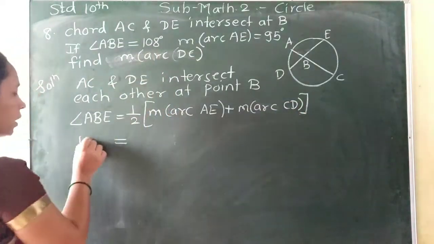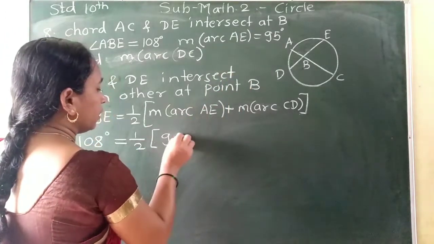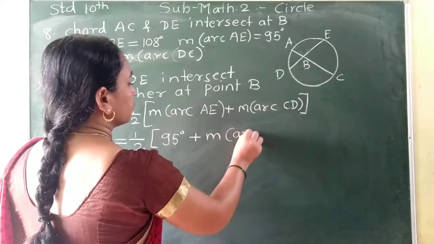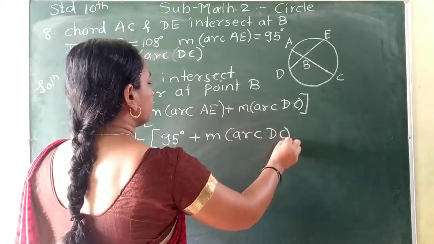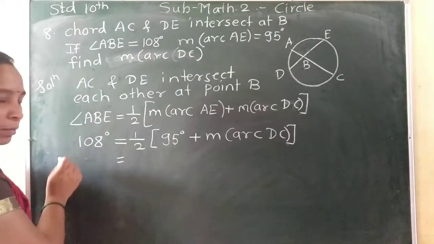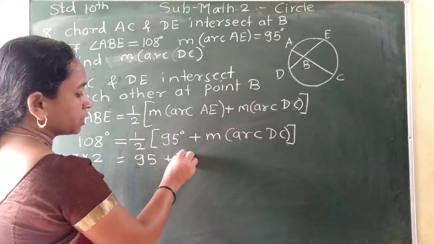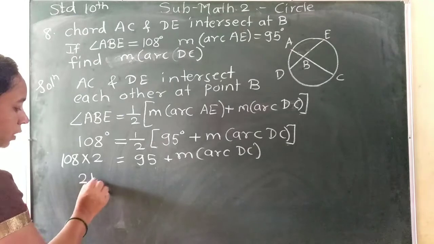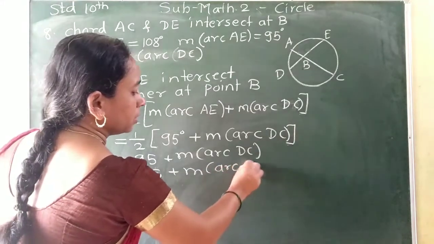Angle ABE is given as 108, and arc AE is given as 95, and we have to find arc DC. So 108 equals 1/2 into the sum of 95 and measure of arc DC. The half goes to the other side as division becomes multiplication: 108 multiplied by 2 gives 216, equal to 95 plus measure of arc DC.